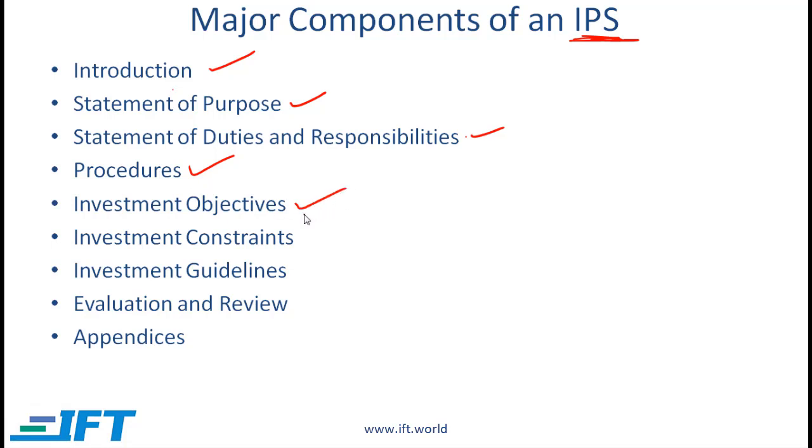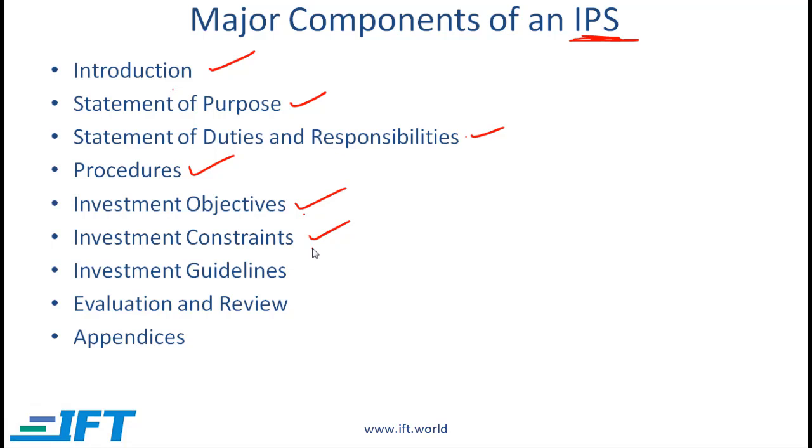Investment objectives. This section describes the client's objectives in investing, and here we will talk about return objectives and risk objectives in detail. Investment constraints. This section presents the factors that constrain the client in seeking to achieve the investment objectives.